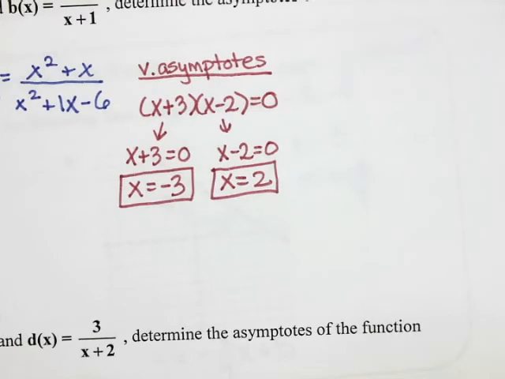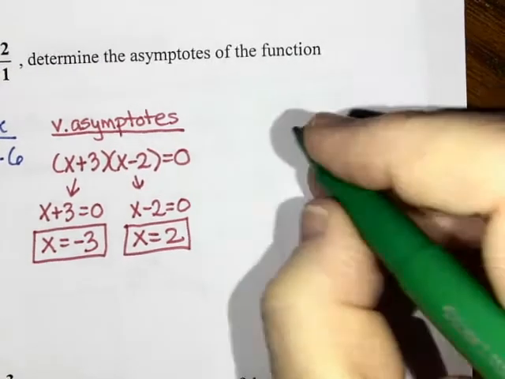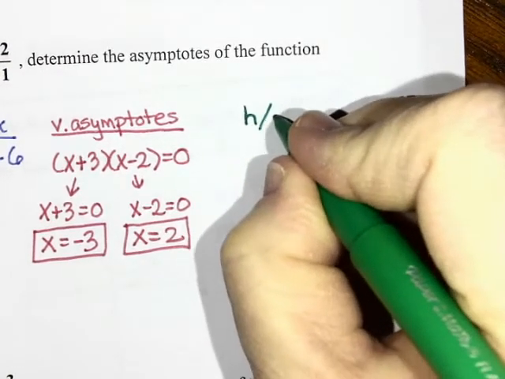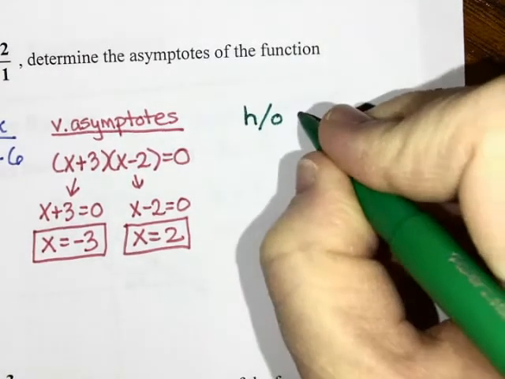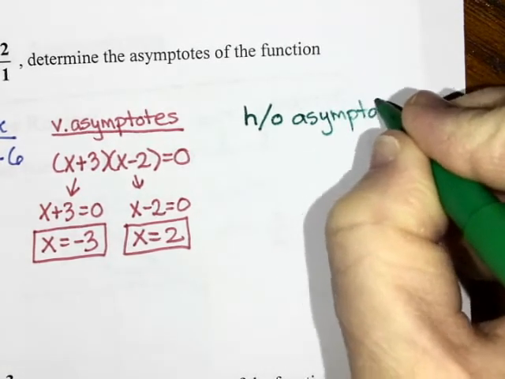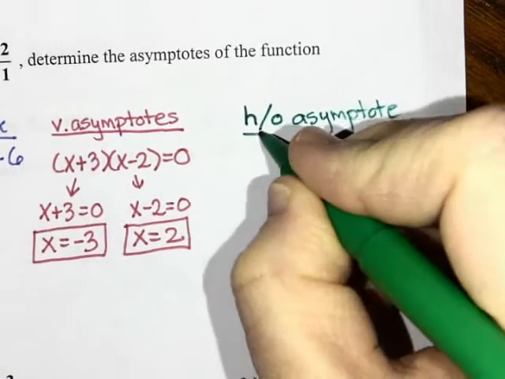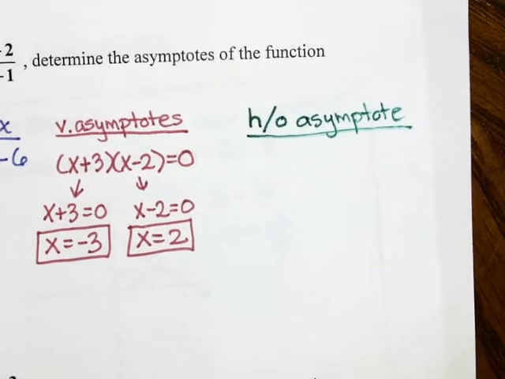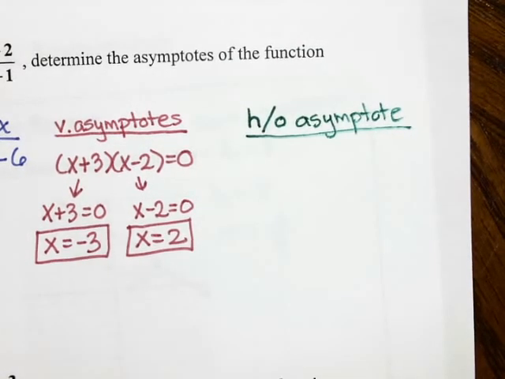Okay, for the horizontal and oblique, it's the same calculation. So I'm going to write horizontal or oblique asymptote. And there will only ever be one. So I'm not going to write asymptotes, just asymptote. My marker is dying here, so we'll try another one.